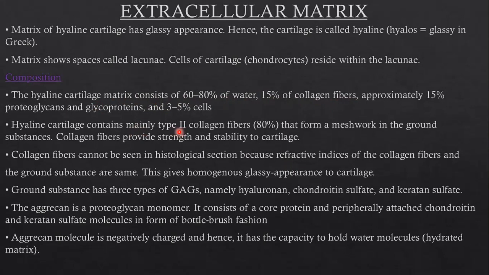Now, hyaline cartilage consists mainly of type 2 collagen fibers. Note that. Type 2 collagen fibers usually form a meshwork in the ground substance. The collagen fibers provide strength and stability to cartilage.